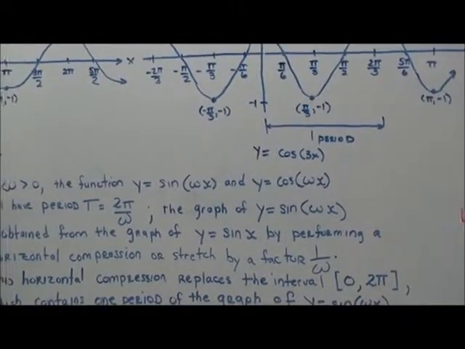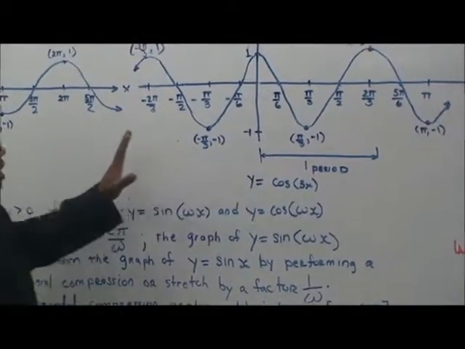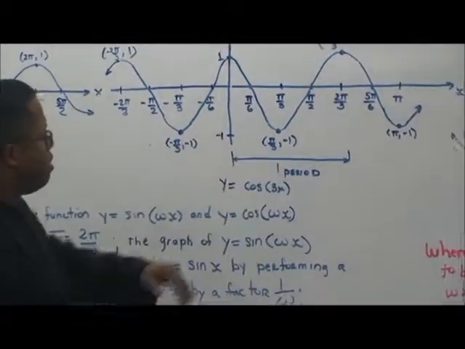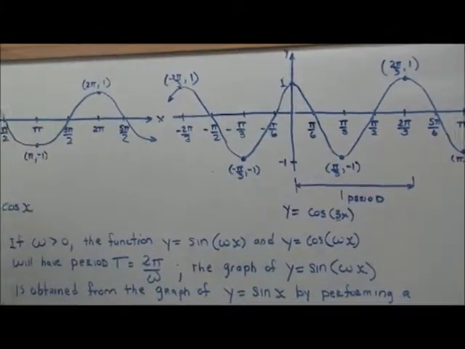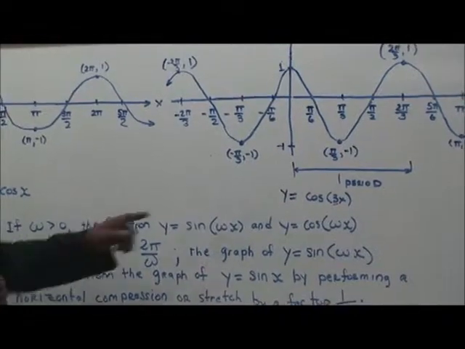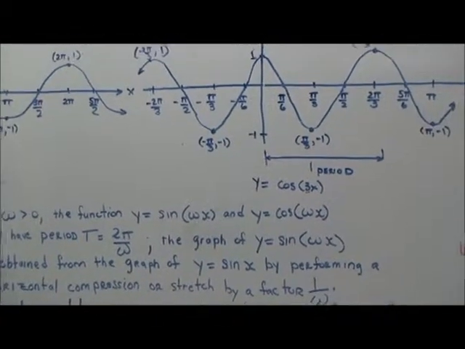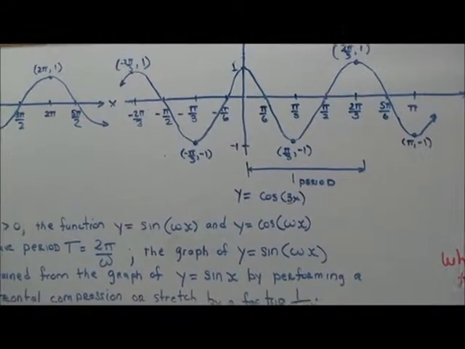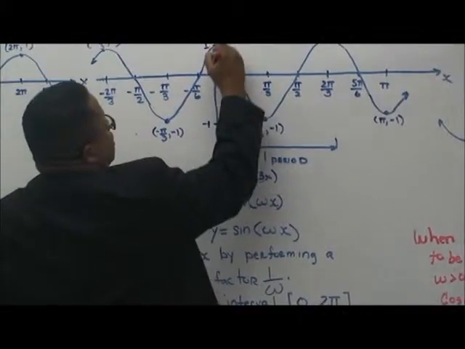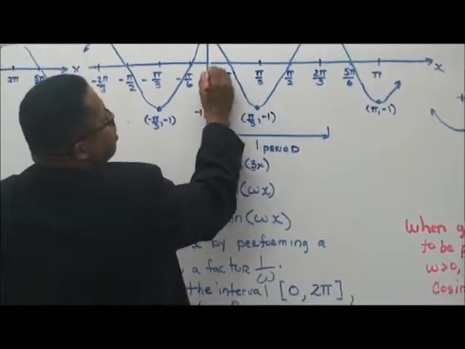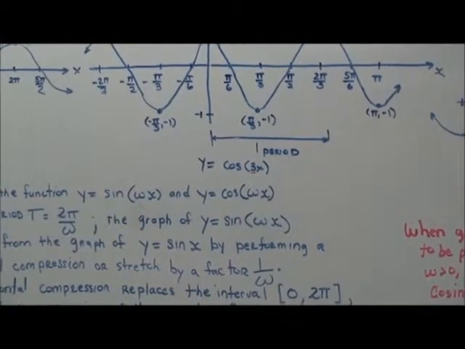So look at the graph here. As you notice, y equals cosine x. And then, as we look here, this is represented by omega. So you take that value and plug it into omega, and that's 2 pi divided by 3. And that is our period. And this piece here, from here to here on the graph.